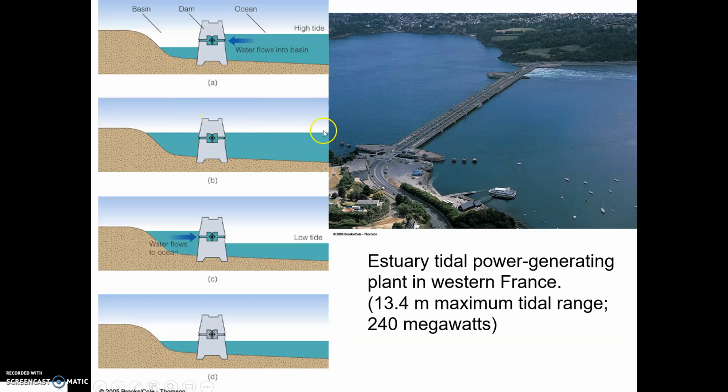Here in B, it's in equilibrium. On the other hand, at C, water is flowing from the other side during low tide, and then it's balanced out at the end in D. So this is an ingenious way to utilize the tide.